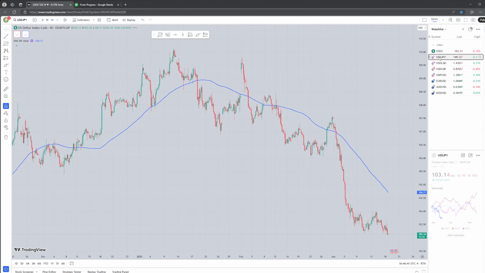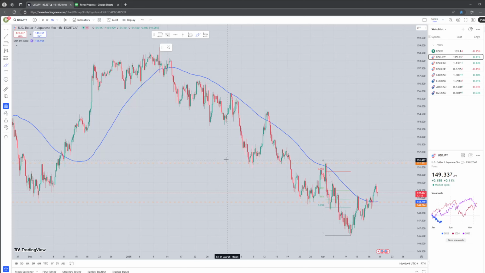Okay, now let's analyze the first pair, USD Japan Yen. In the last few months, as you guys can see, the market is behaving consistently below the blue moving average line, which means the trend is down. USD is getting weak against the Japan Yen, right? So for example, down leg retracement, down leg retracement, down leg retracement.